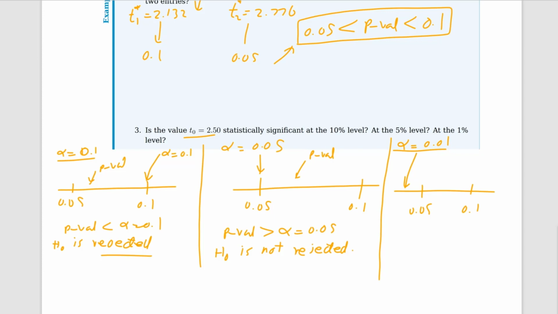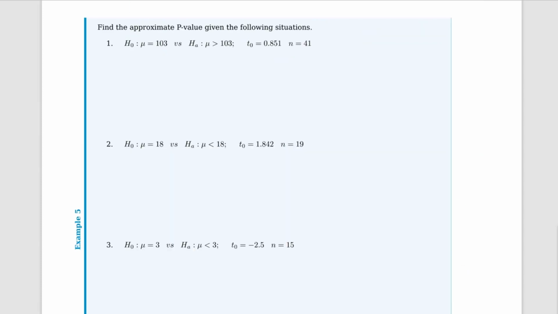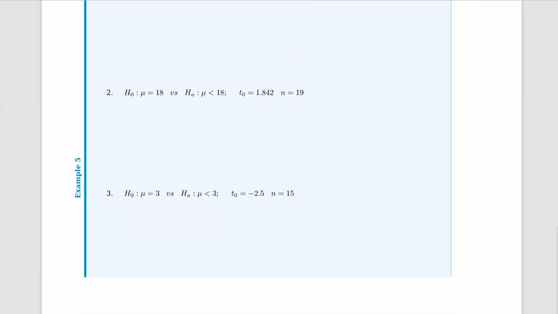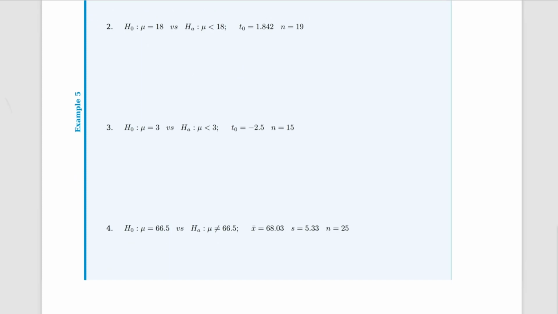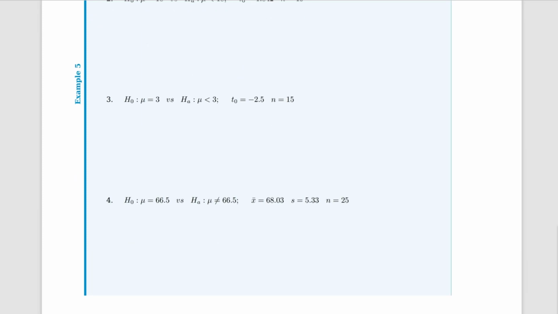So then we can say the p-value in this case is also greater than alpha 0.01. Therefore H naught is not rejected. Same thing, similar thing over here. Please you can do this. Similar thing asking that.